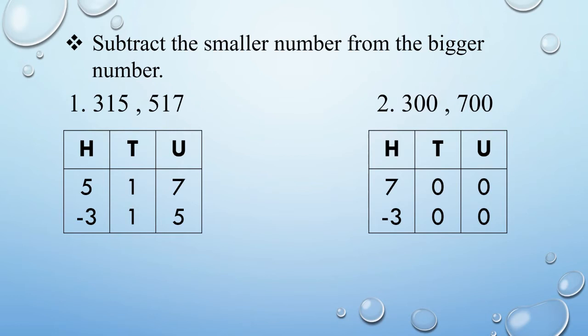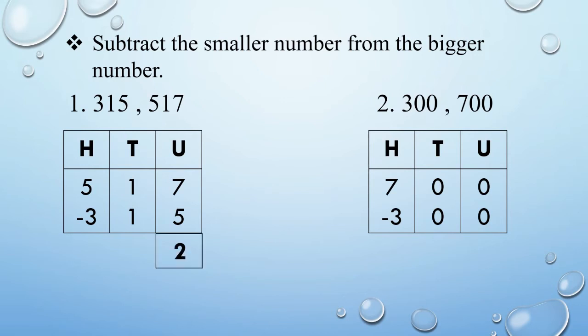Now 517 is 5 hundreds, 1 ten and 7 units minus 315 means 3 hundreds, 1 ten and 5 units. So we will subtract from the units column, that is 7 units minus 5 units is, very good, 2 units.